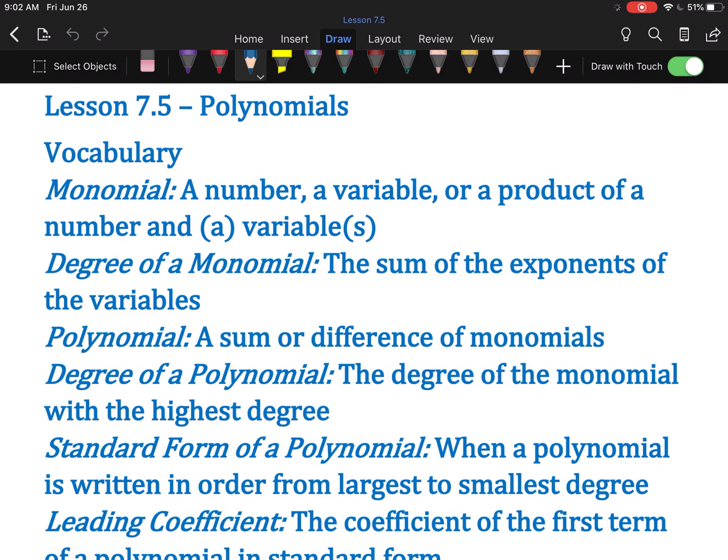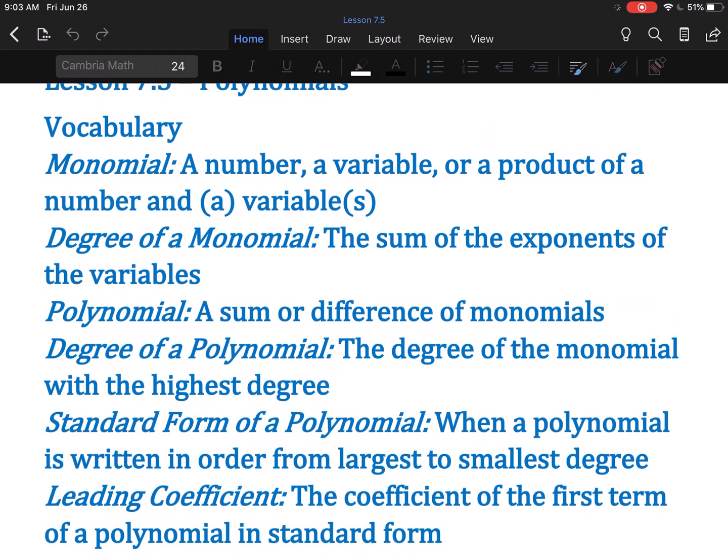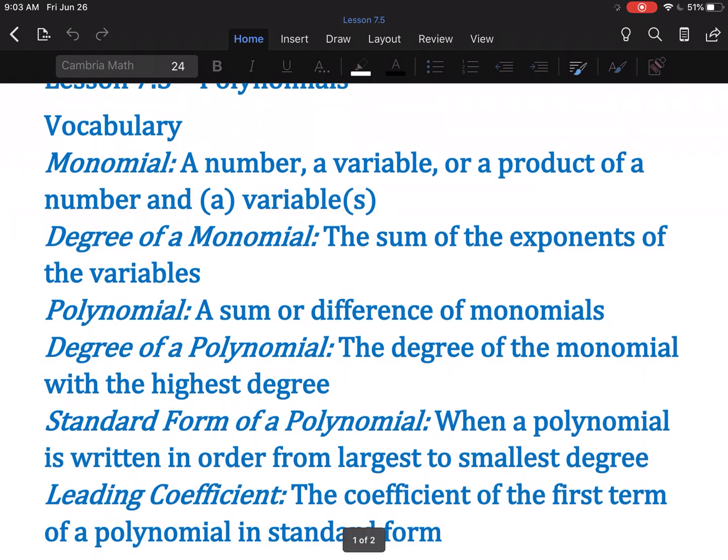The standard form of a polynomial is when you put the terms in order from largest to smallest degree. So biggest exponents total to smallest exponents total, and if there are any numbers, they'll be on the end. And a leading coefficient is the coefficient or the multiplier of the first term of a polynomial that is written in standard form.